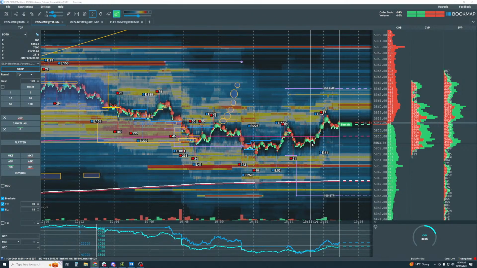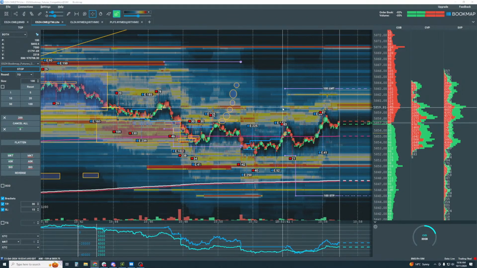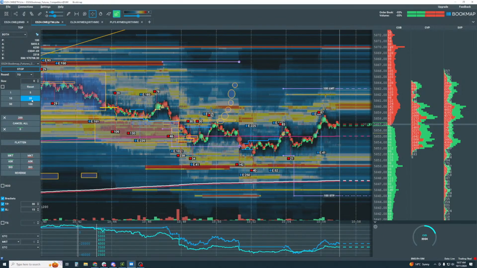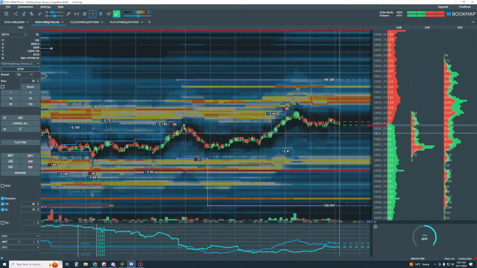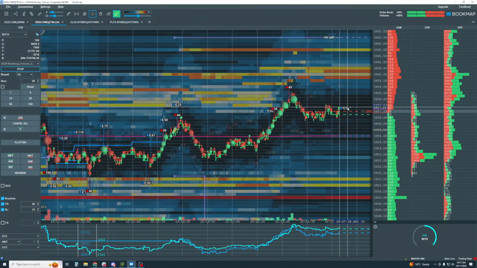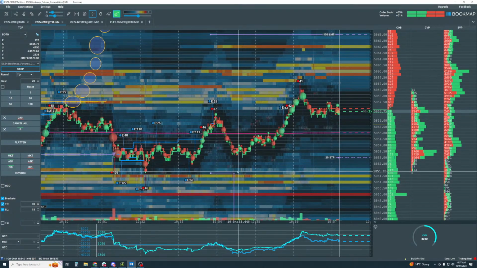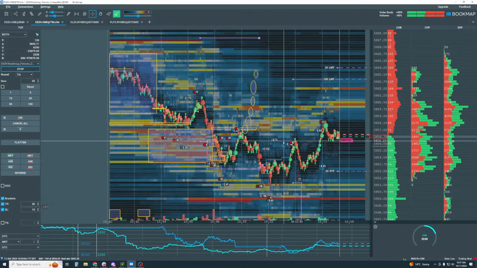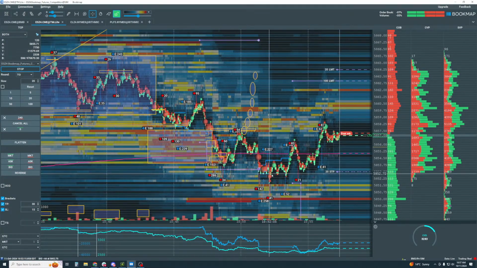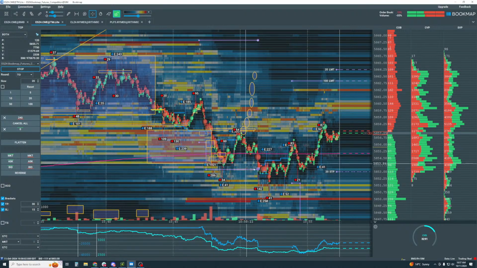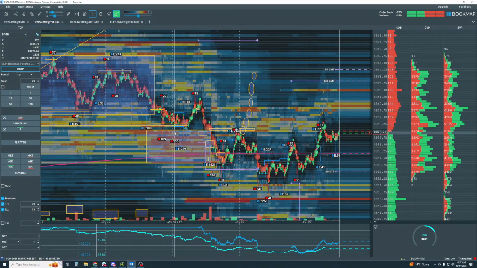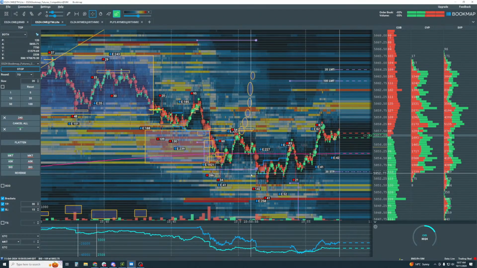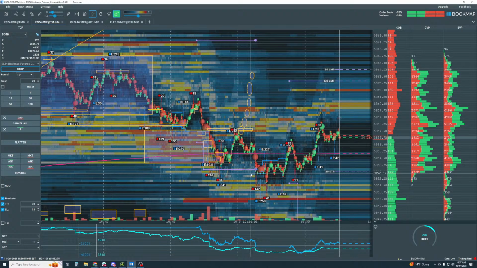All right, guys, now this is looking better to me, and maybe we can even put on some more size. Let's put on another 20 lot. Okay, so I got 120 on, and here's my 20 lot up here. This is what I'm looking for in this transition, sellers to buyers. We have all of that liquidity filled down here. We got stopped out down here, but the same kind of setup is still here.